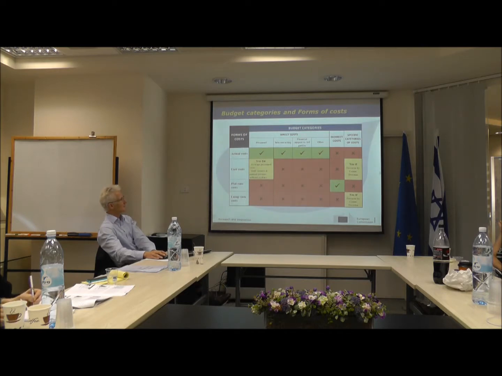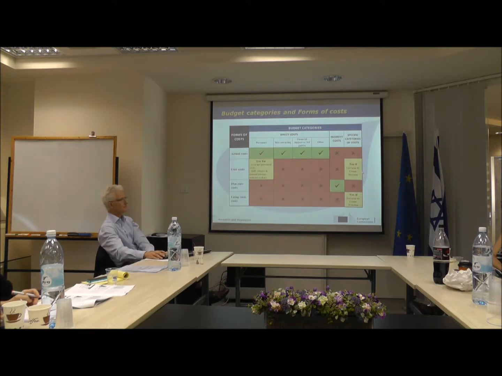So for instance, there is a system of unit costs for clinical trials in the health program, where you can charge the cost of clinical trials not on the basis of actual costs, but on the basis of scales of unit. These scales of unit are defined by project. But there is a methodology on how you can build these scales of unit for the health projects.